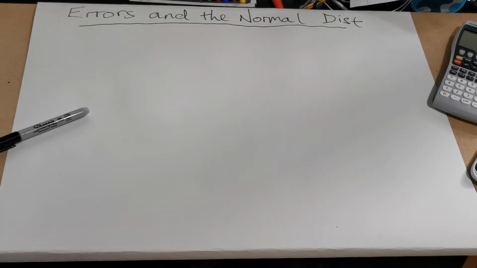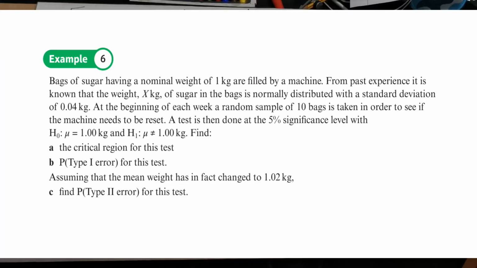So here's the question. It says bags of sugar having a nominal weight of 1 kilogram are filled by a machine. From past experience, it is known that the weight, x kilograms, of sugar in the bags is normally distributed with a standard deviation of 0.04 kilograms.